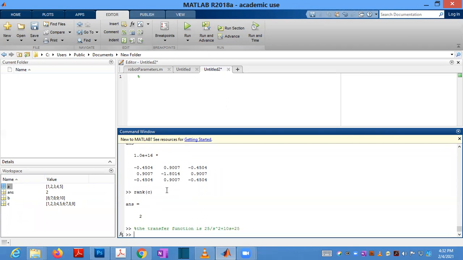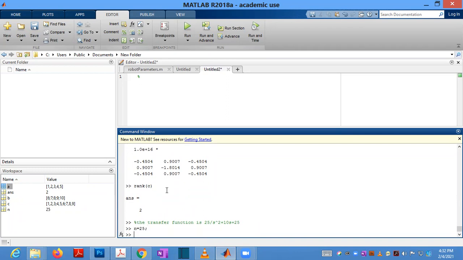So this is the transfer function I am entering. The numerator has only 25, so n is equal to 25. And for the denominator, you have to enter the s term powers in decreasing order.